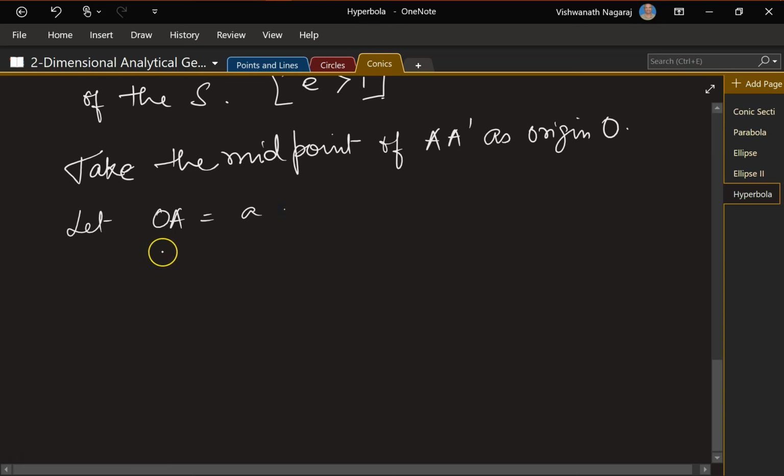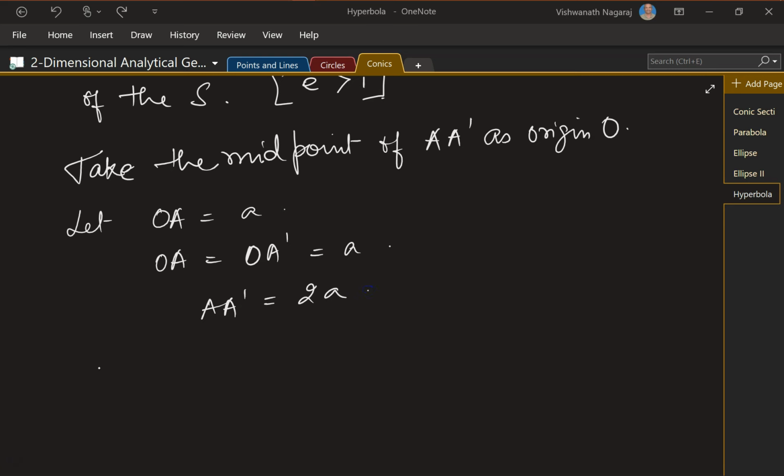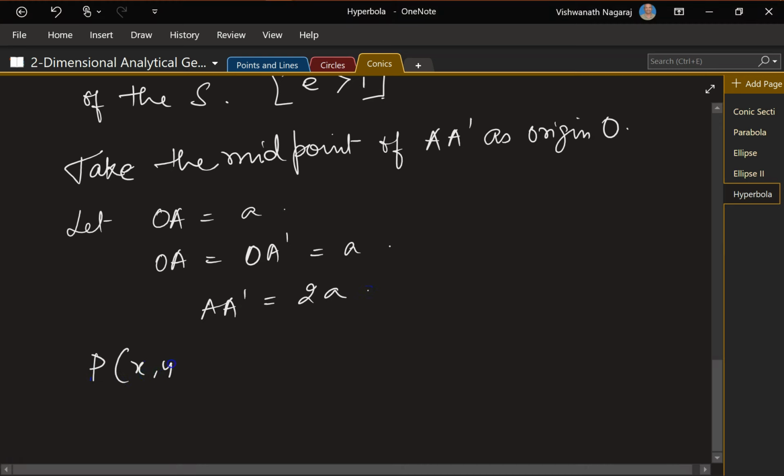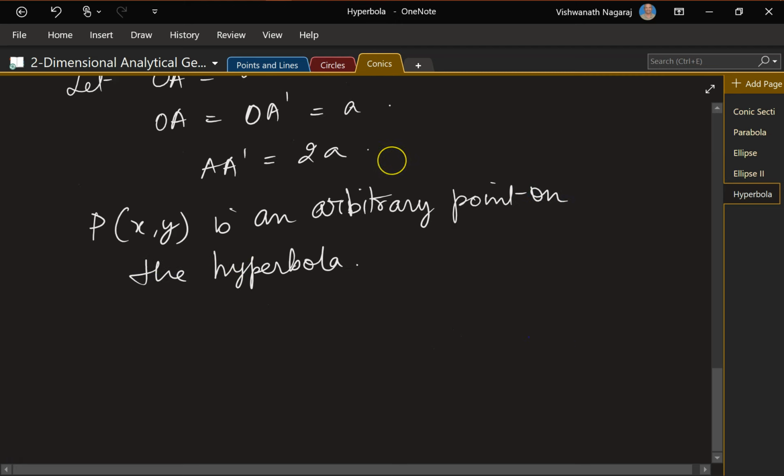Since O is the midpoint of AA prime, OA is equal to OA prime is equal to a, which means AA prime is equal to 2a. Say P(x, y) is an arbitrary point on the hyperbola. So which means SP by PM is equal to E, or SP is equal to E dot PM.